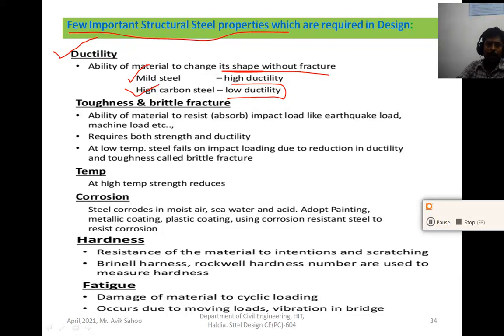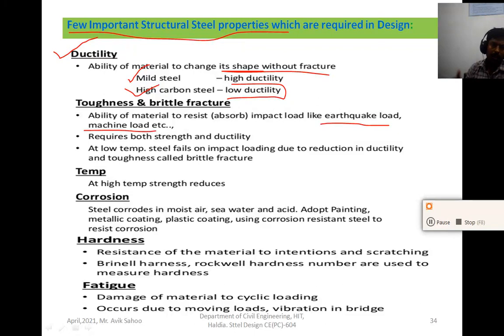And toughness is defined as the energy absorbed by the material before fracture. Toughness is basically required for loads like earthquake load. If machine load comes, it is a vibratory load.